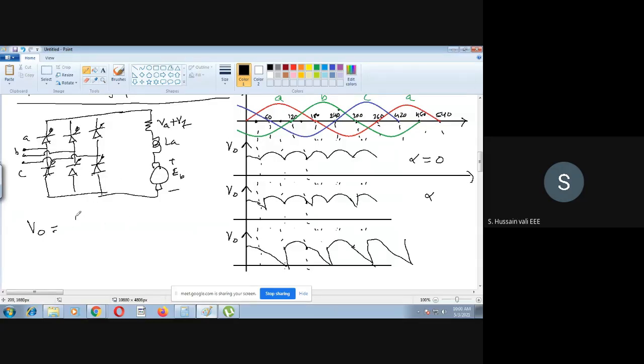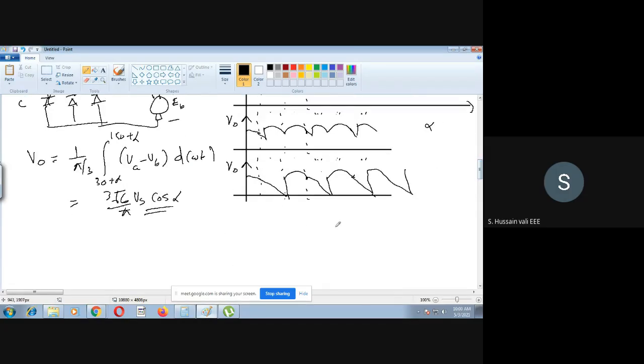So just recall that V naught is 1 by pi by 3 times the integration from 30 plus alpha to 150 plus alpha of the line voltage into d of omega t. So you will get this thing. This is just a recall of the previous one. You get a value proportional to cos alpha. Okay, this you will get.